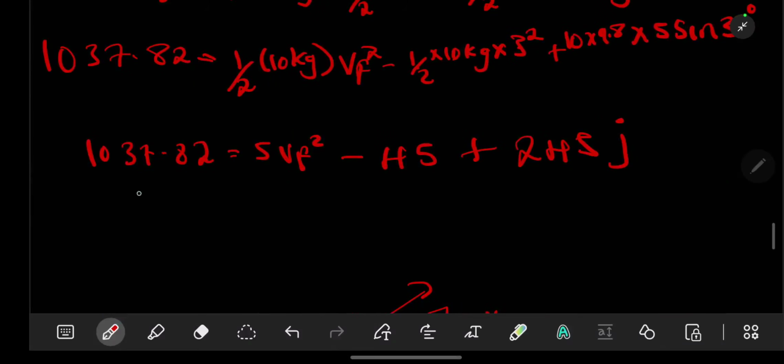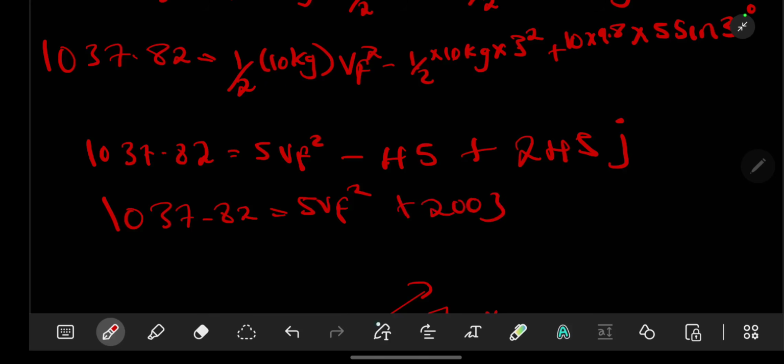So we have 1037.82 should be equal to 5 VF squared. Negative 45 plus 45 will give us plus 200 joules like that.